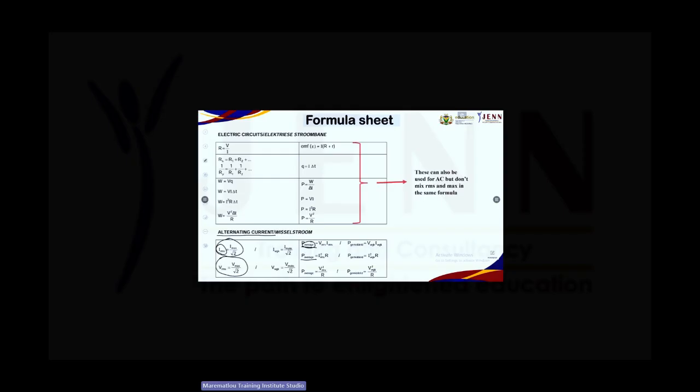If you forget that average, grade 12s, then you forfeit your marks. So please ensure that when you do the calculations, you add your average as well as your VRMS and then your IRMS as well.